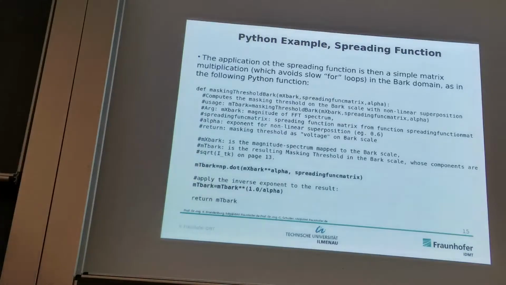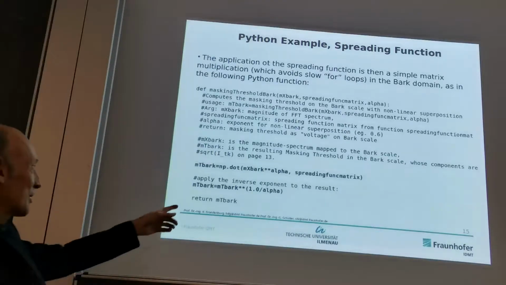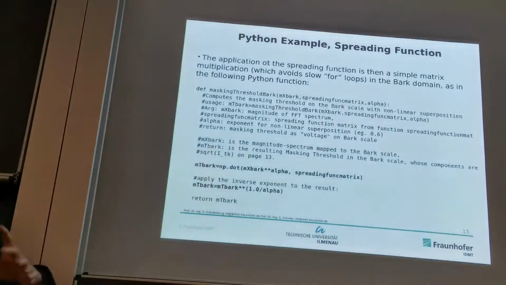Excuse me, but this is in the Barbed domain, not in frequency. Yes, exactly. We calculate the noise power in the Barbed domain. So now we have to go back from the Barbed domain into the linear domain of our filter bank, so that we know which Barbed band belongs to which subband. That's the final missing piece.